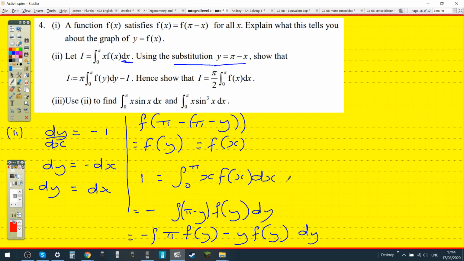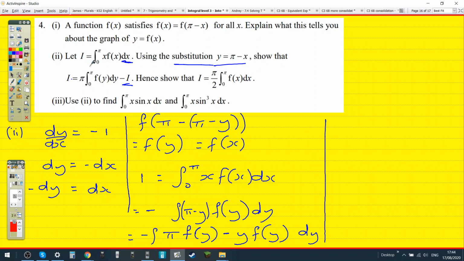Or is that kind of going the wrong way? This I here, so is this y f of y the same as x f of x or something? Not sure.